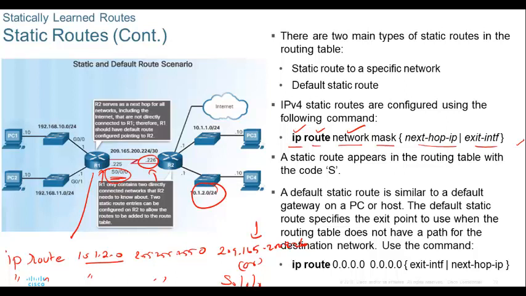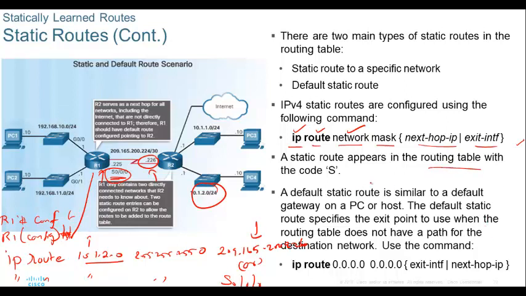So when you write a route like this, where do you write it? You write in global configuration mode. On R1, you say config terminal, and then it will go to config mode. Here only you need to write this. After you do this, you go to the routing table. How do you go to the routing table?